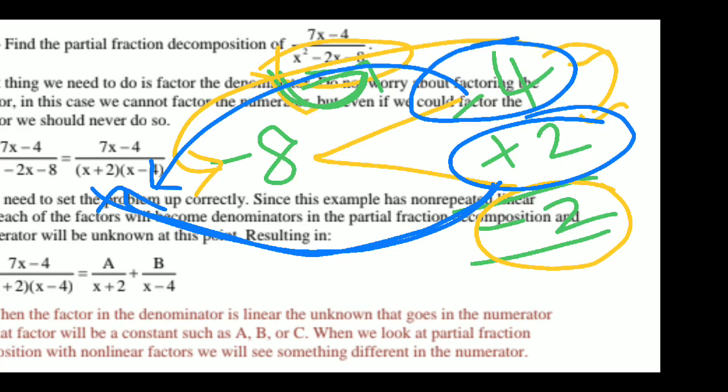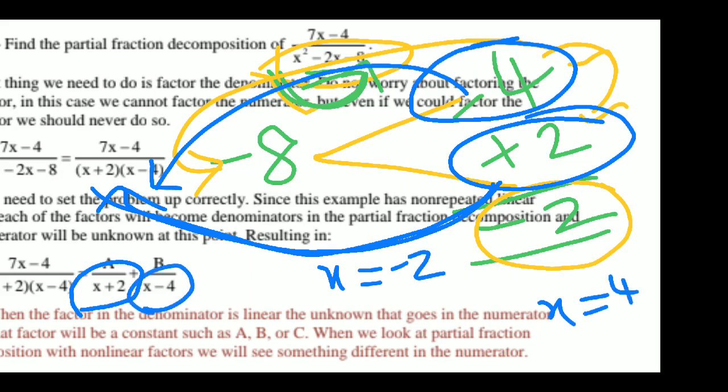Put x equal to minus 2 is one of the values, put x equal to 4 is another value. Since x plus 2 is there, put x equal to minus 2, you will get a value. Put x equal to 4, since x minus 4 is equal to 0, if you assume that, you will get x equal to 4. Substitute x equal to 4, you will get the value of b.